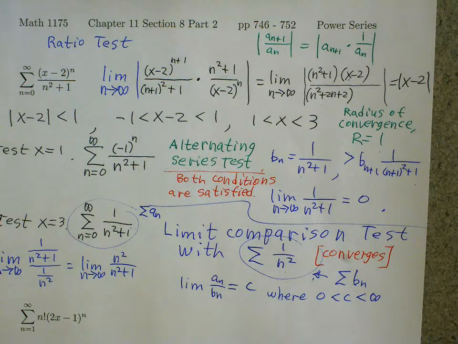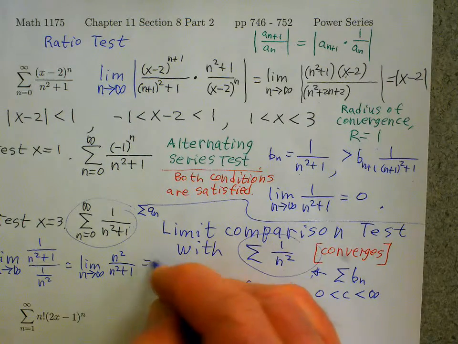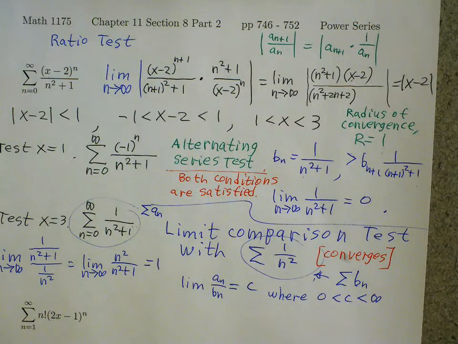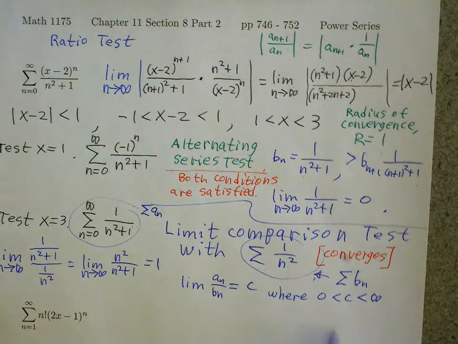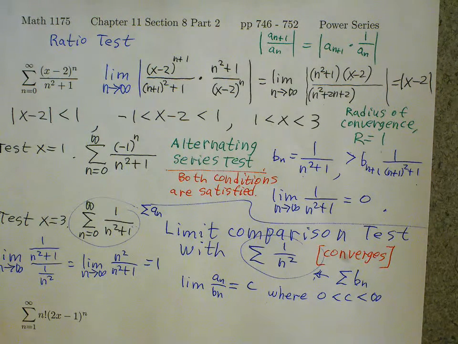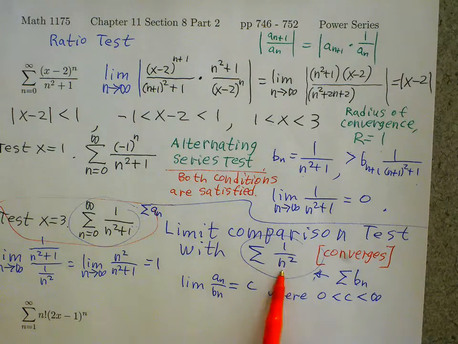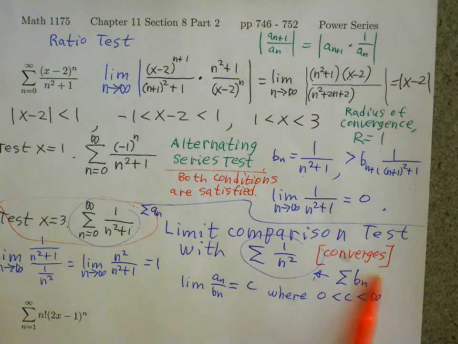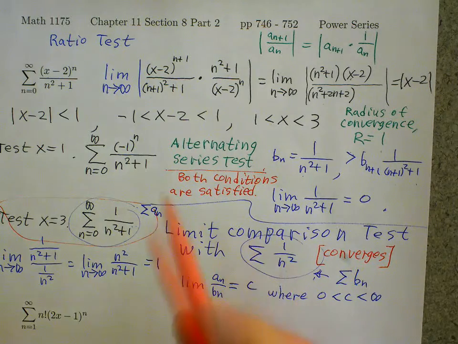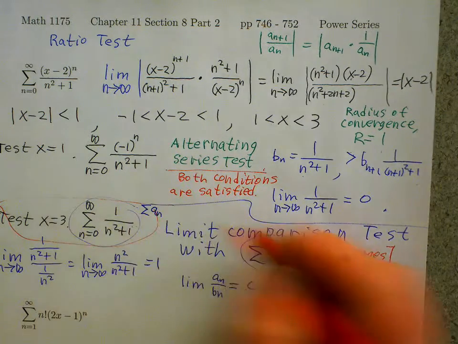What's that limit equal to? Positive 1. So positive 1 is a positive finite number. So by the limit comparison test, this series does the same thing as this series of the 1 over n to the second. So we know that this one converges, so this one also has to converge.